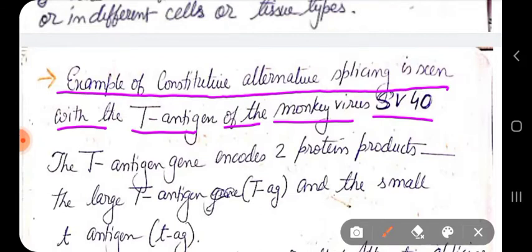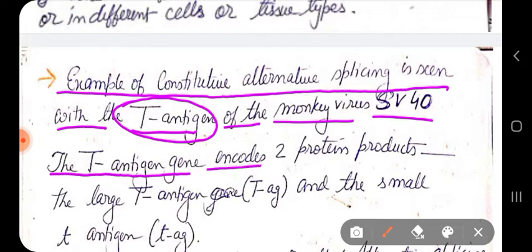Okay, it is saying that the T antigen gene, which is found in the monkey virus SV40, encodes two protein products.